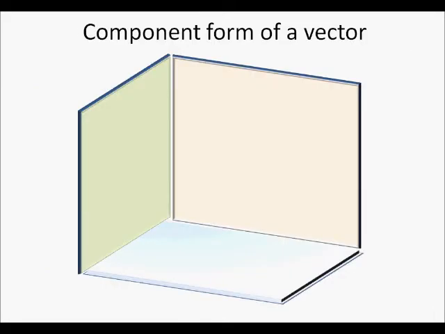In 3 dimensions, a vector has x, y, and z, right? All 3. So what's x and what's y and what's z? Say, for example, this point is x comma y comma z. This is x units, this is y units, and this is z units.